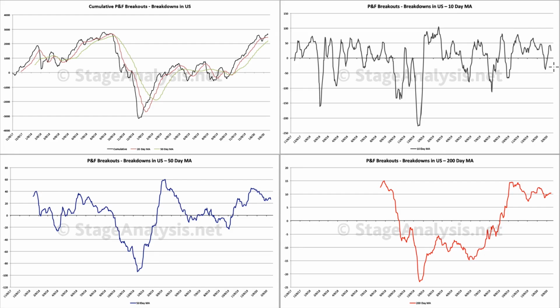In the 10-day in the short term, we're getting more bearish in the 50-day, but we remain above the zero line. In the 200-day, we're above the zero line, but again we're losing momentum. Nothing huge in this to suggest getting wildly bearish, but it is showing some minor divergences.